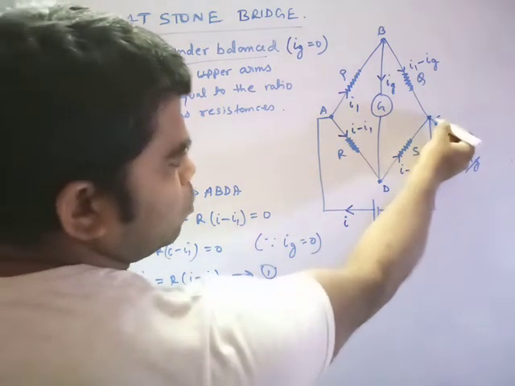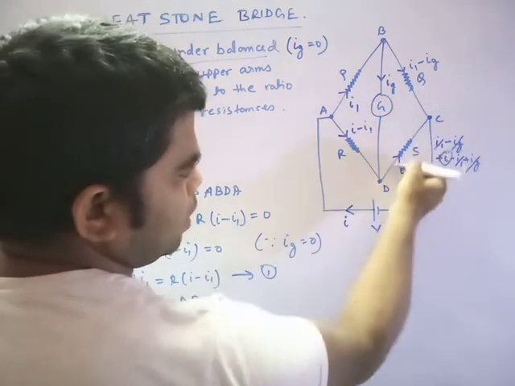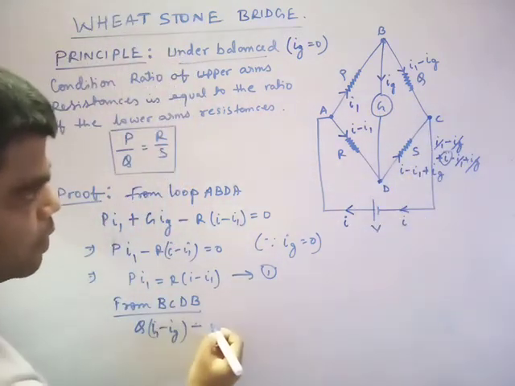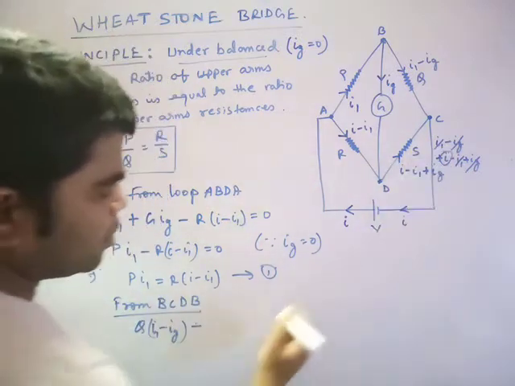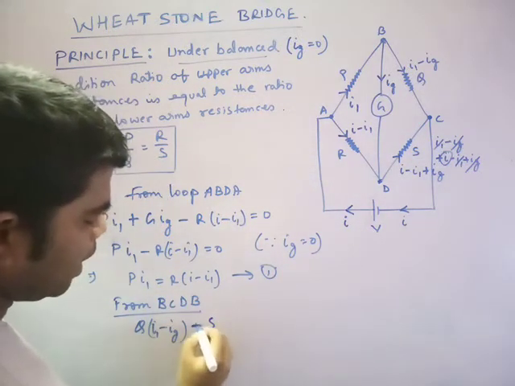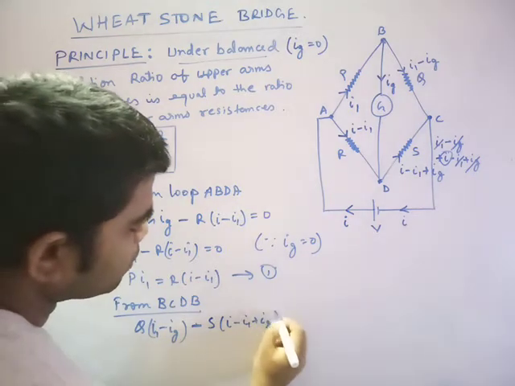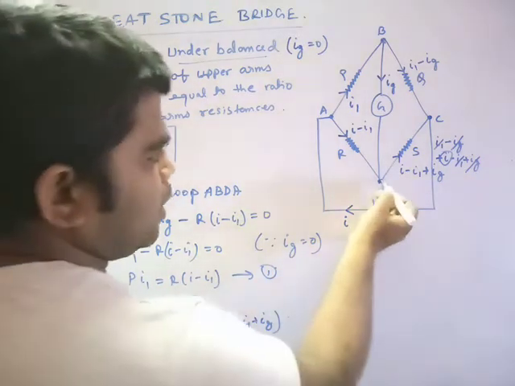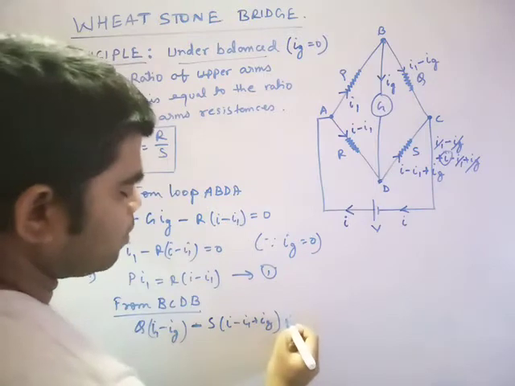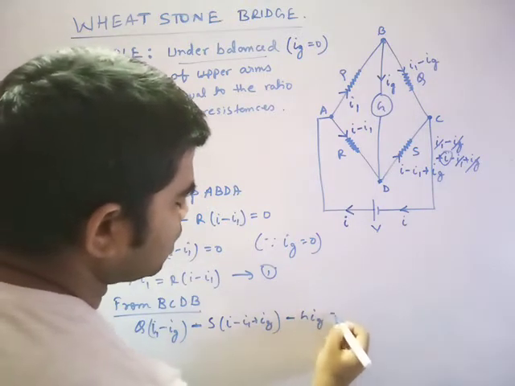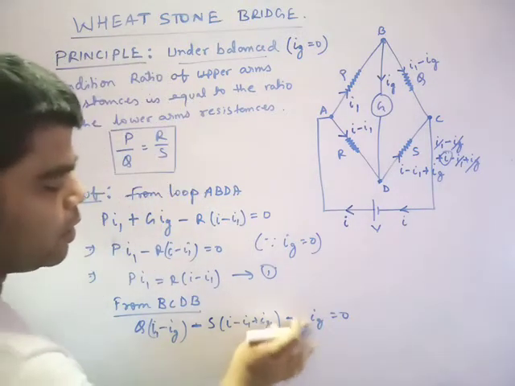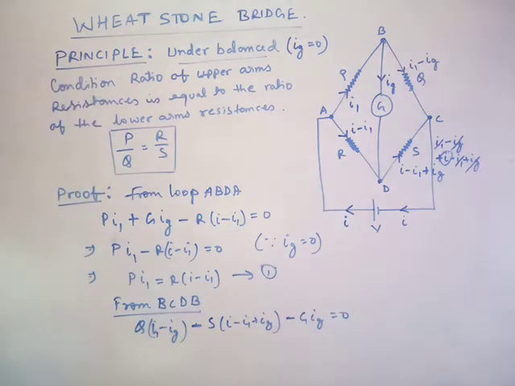Because the loop is now C to D, but here the current is in the opposite direction, so I will write minus S, and the current is I minus I1 plus Ig. After that again this is minus G into Ig equal to 0.